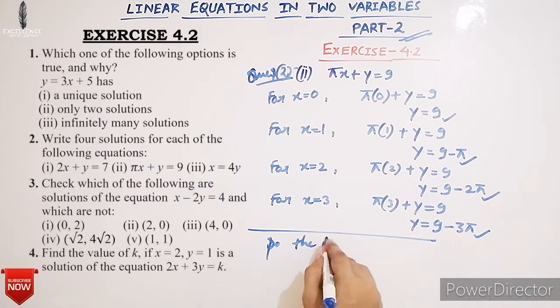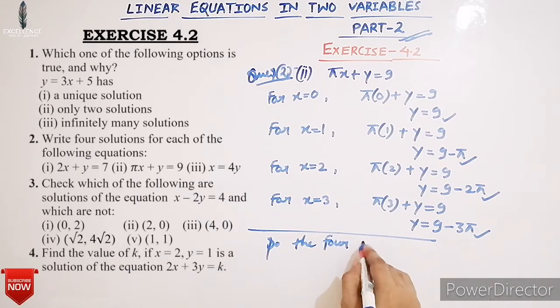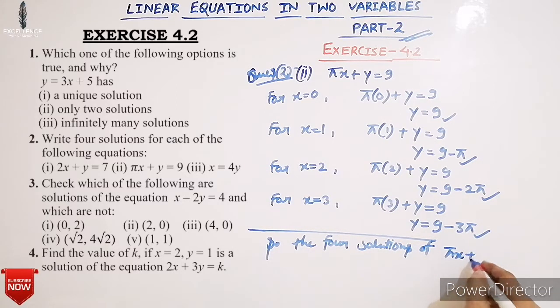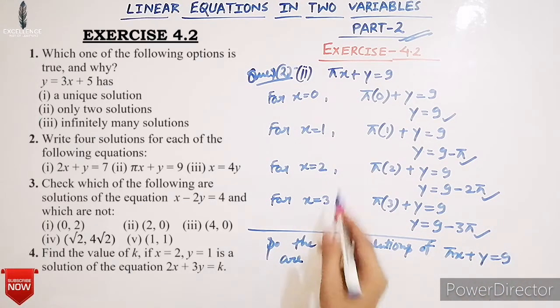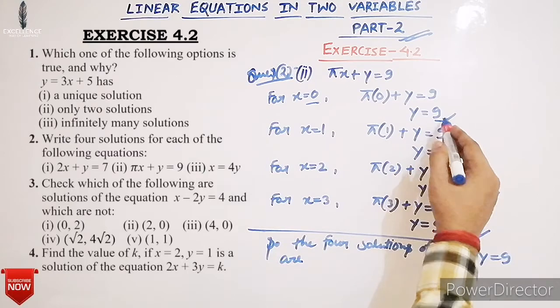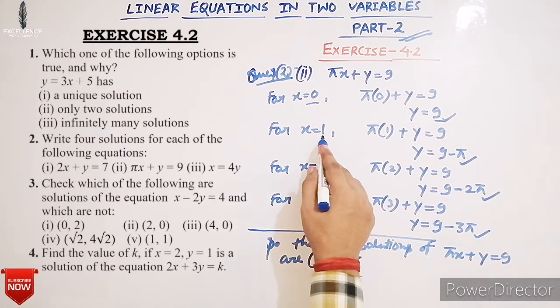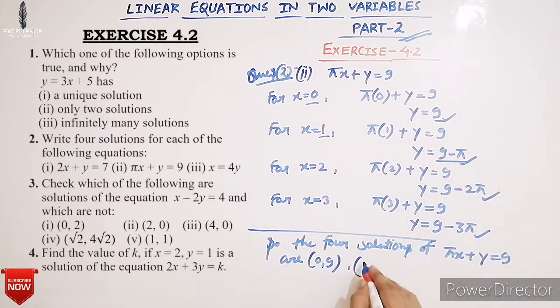So the four solutions of this given linear equation in two variables, that is pi x plus y is equals to 9, are 0, 9 and 1, 9 minus pi.